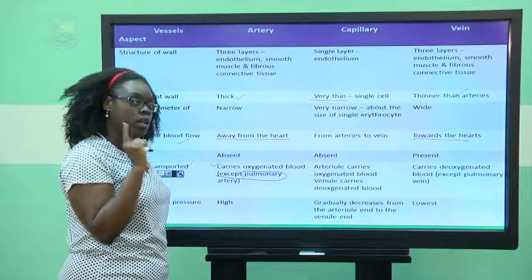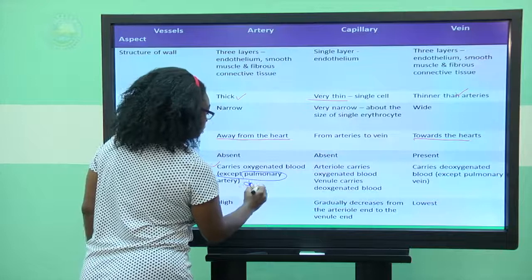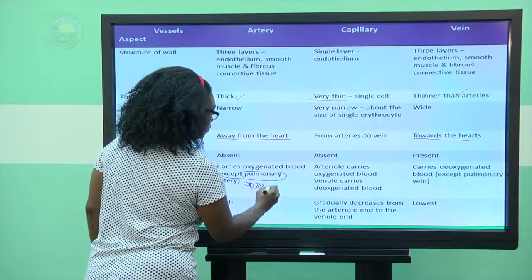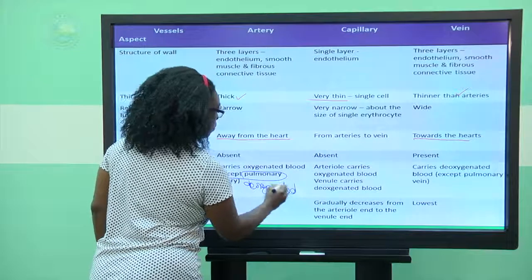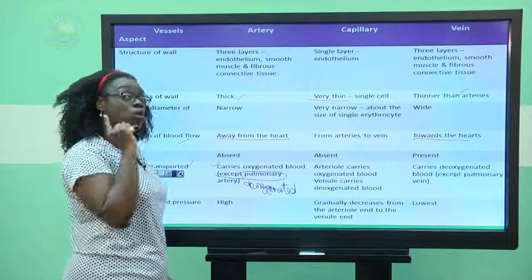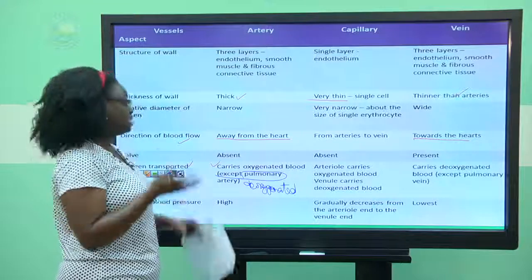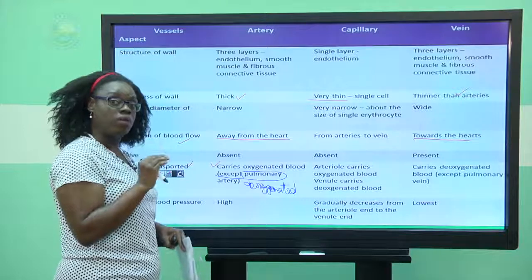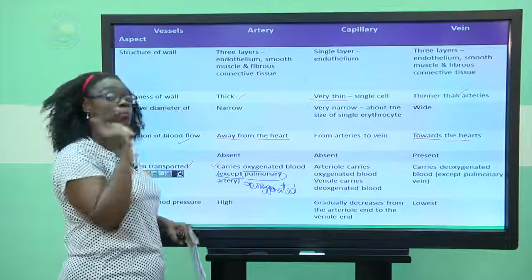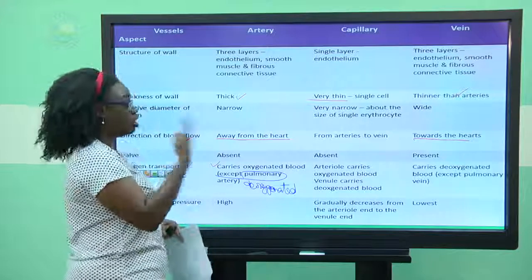It's the only artery in your body that is carrying deoxygenated blood. It is still carrying blood away from the heart, but remember, that is the blood that was coming in from the body. So it doesn't have as much oxygen as the other side.